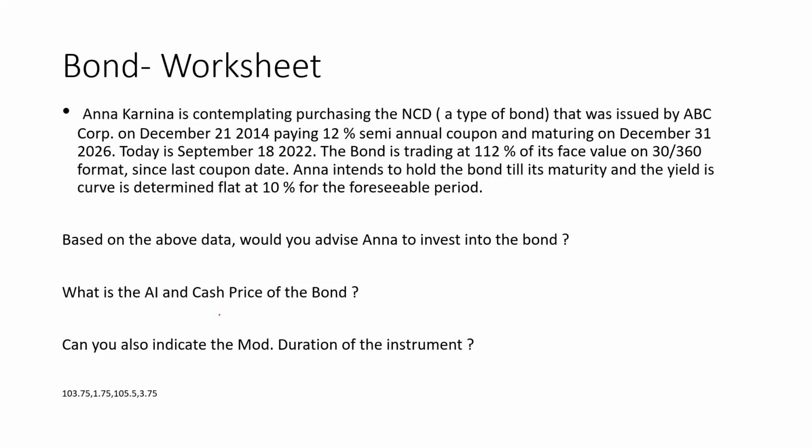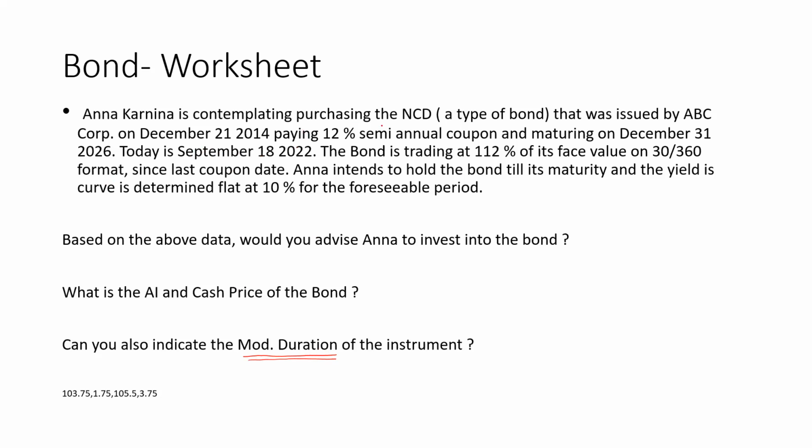Let's see whether we can solve any particular problem in our Calc itself as far as bond is concerned. One word of caution: in the student version, that is the plus version, you will not get this value, because this function is not present in the student version. The pro version has that. So let's see what is being talked about.